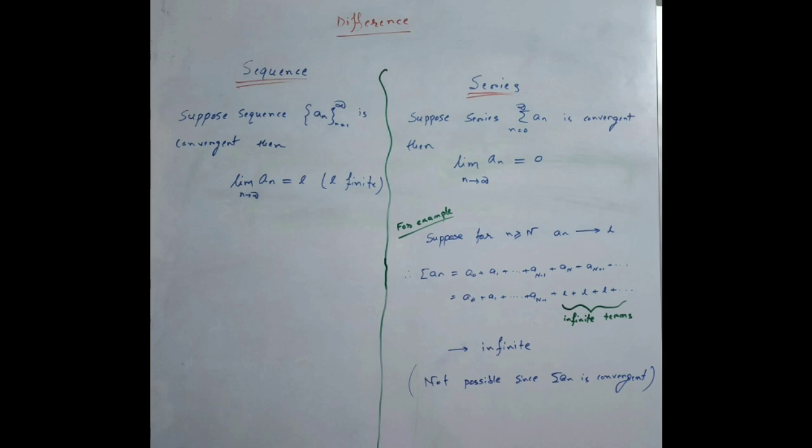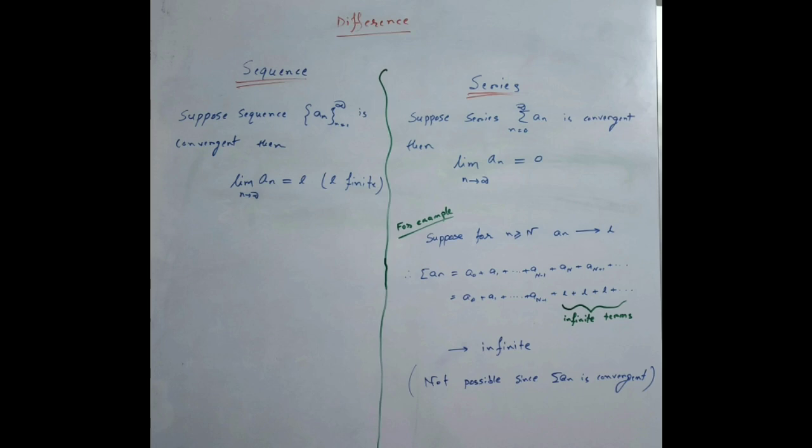For example, let a_n for n greater than or equal to capital N converge to L. Then the summation of a_n equals a0 plus a1 plus dot dot dot a_(N-1) plus a_N plus a_(N+1) plus dot dot dot.